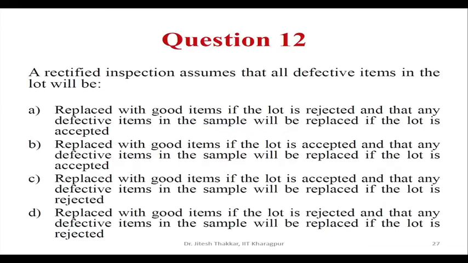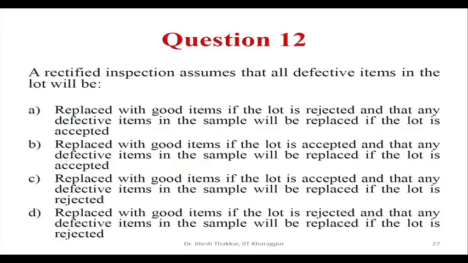Question 12. You have also studied about the rectified inspection in your lectures, and here the question is, a rectified inspection assumes that all defective items in the lot will be A. replaced with good items if the lot is rejected, and that any defective items in the sample will be replaced if the lot is accepted.